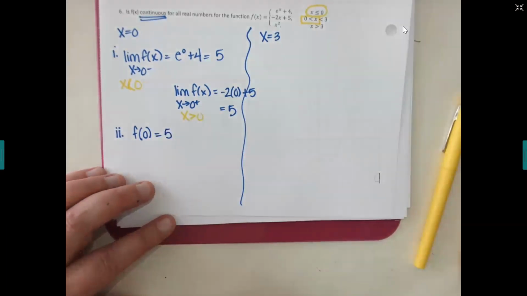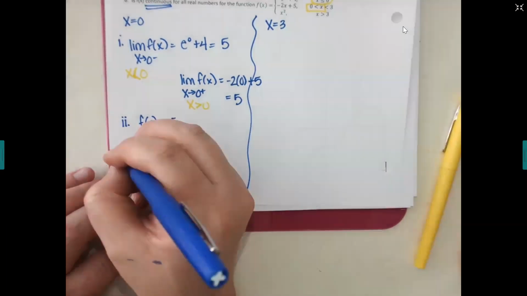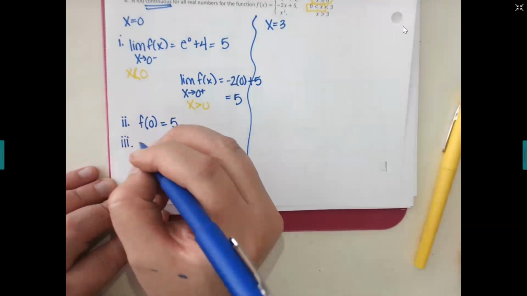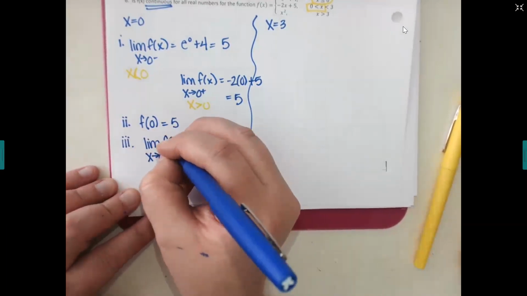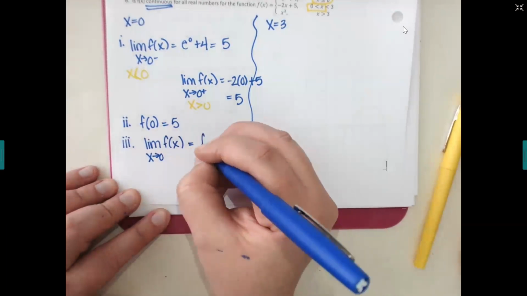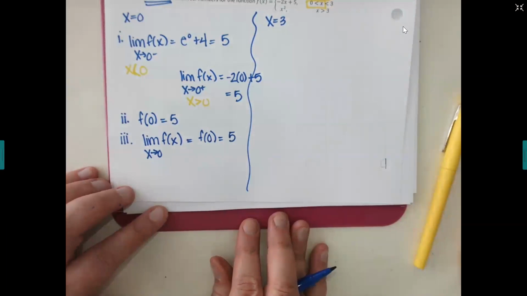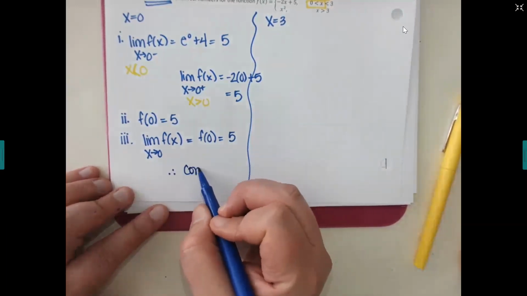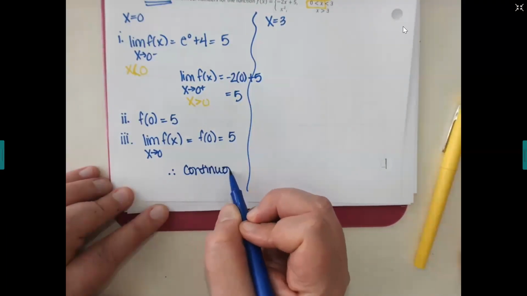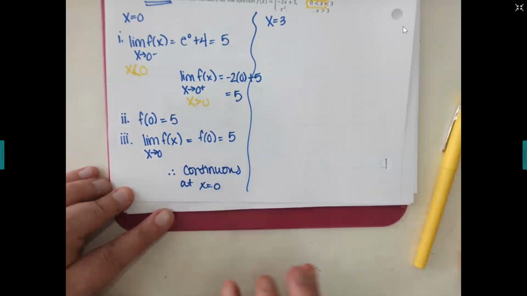So then in that case, did my left, my right side, and my y value all come out to be the same? So then your step number 3, you just have to state that my limit as x went to 0 was equal to my f of 0, which is equal to 5. Therefore, it is continuous at x equals 0. Make sense?